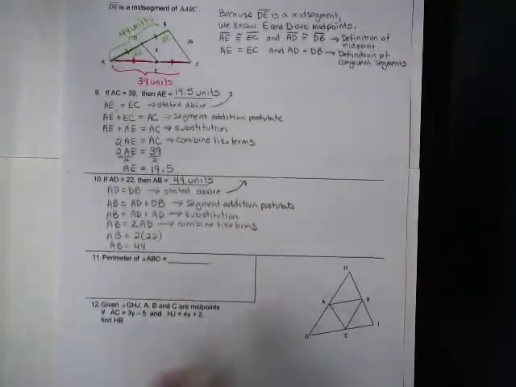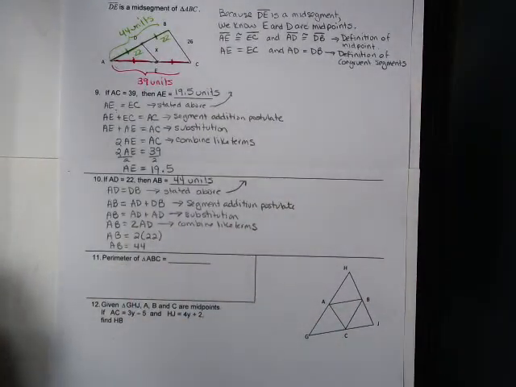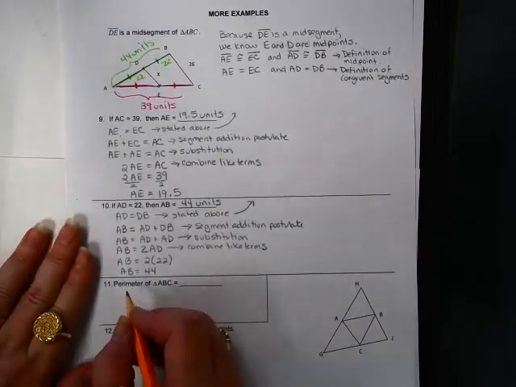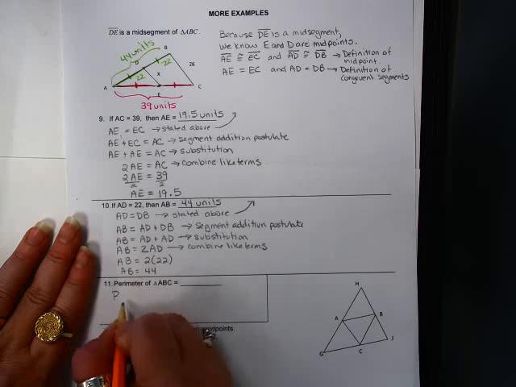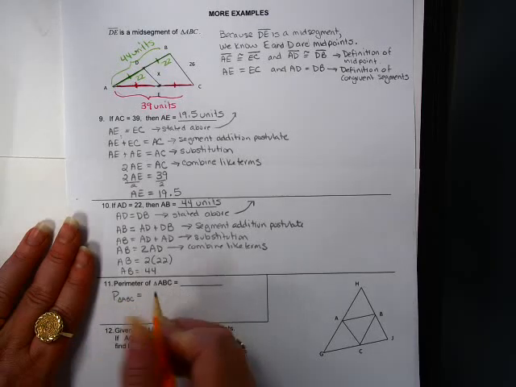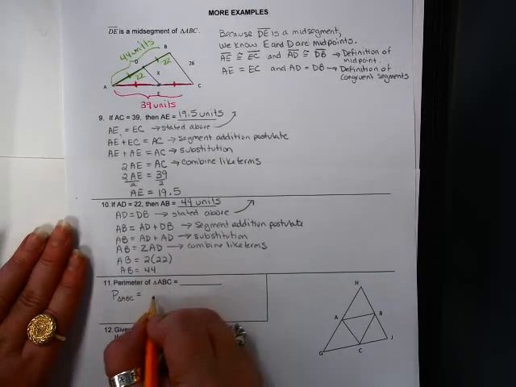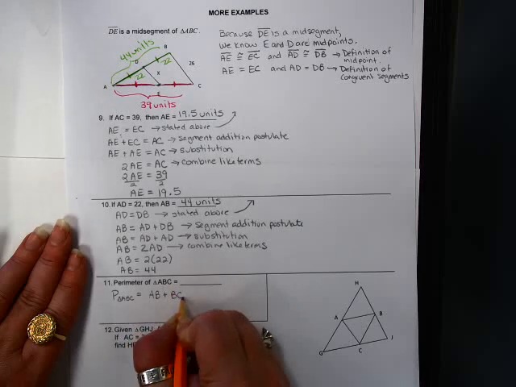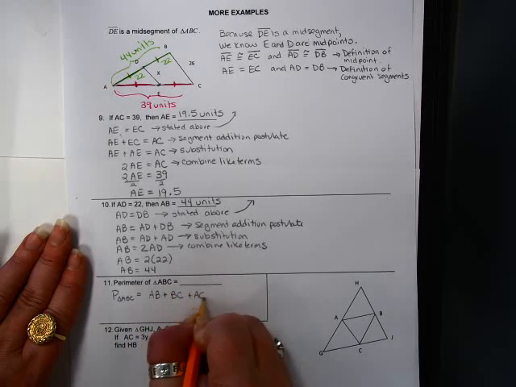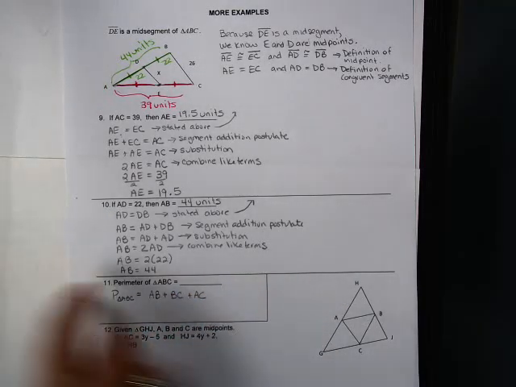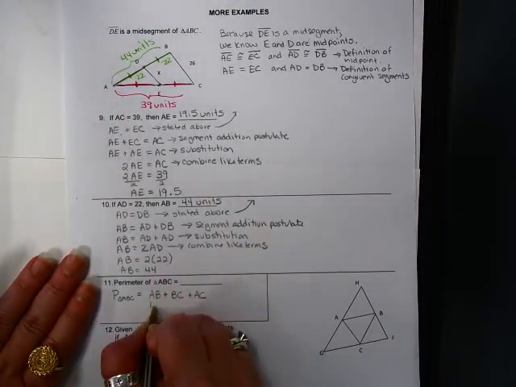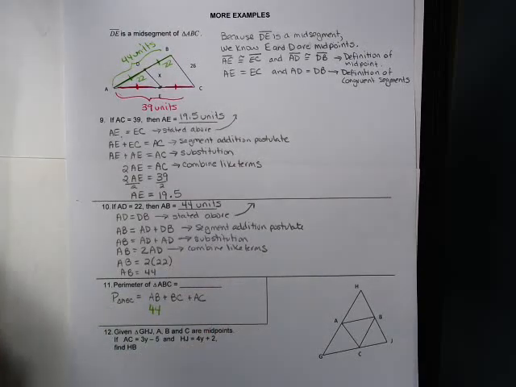The last one says find the perimeter of ABC. The perimeter, capital P, of triangle ABC is equal to AB plus BC plus AC. AB was 44 units. I'm going to write it in green because that's the color I used up here.